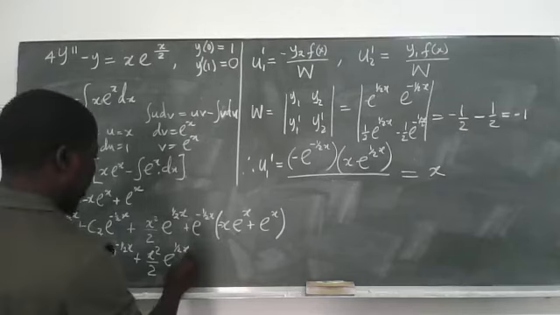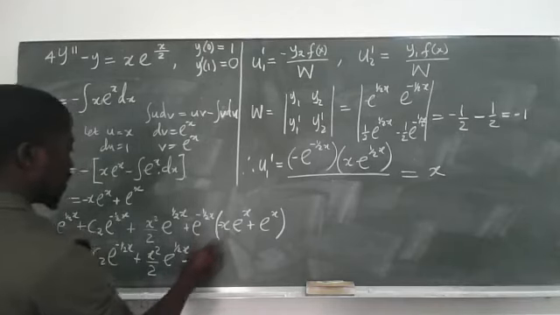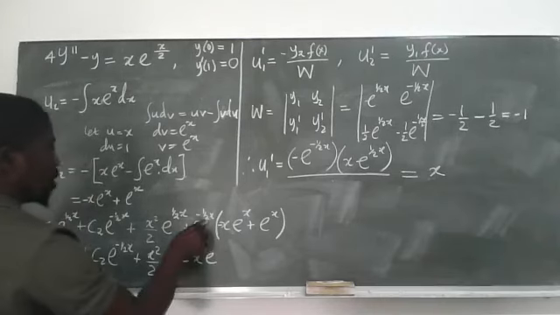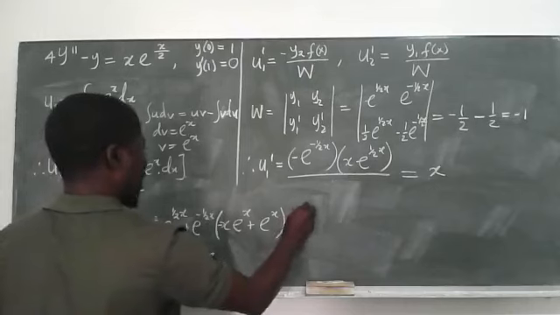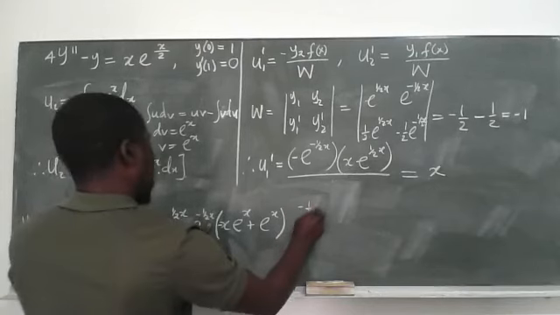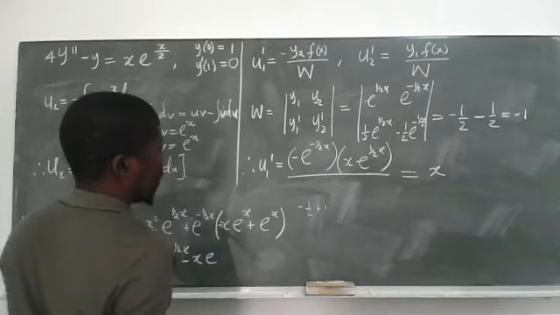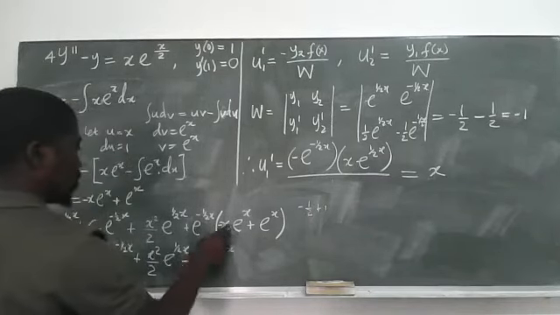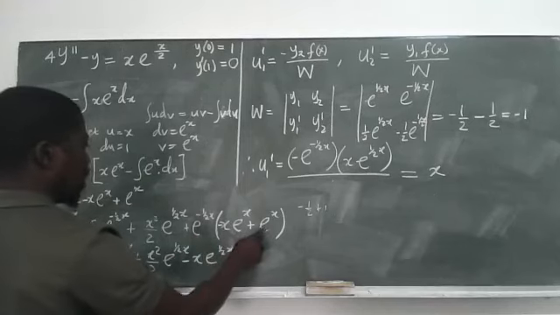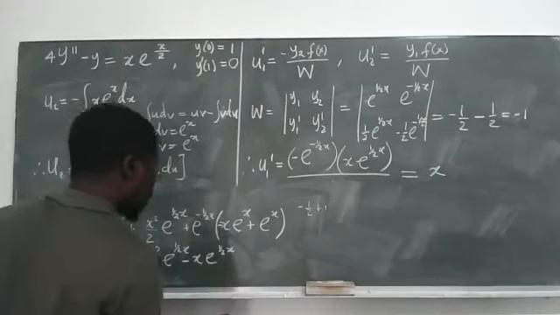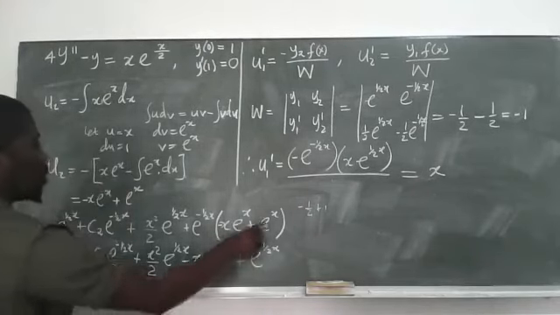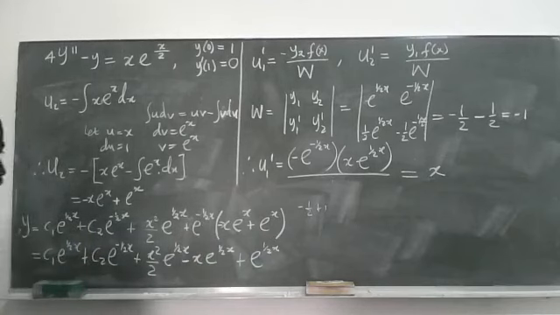And then I want to remove brackets here. This times that, I will end up with minus x e to the minus half. So I have minus half x plus 1, which is just a half. So I'll end up with half x. Then this times that, I'll end up with e to the half x, because 1 minus half plus 1, then I'll end up with that.